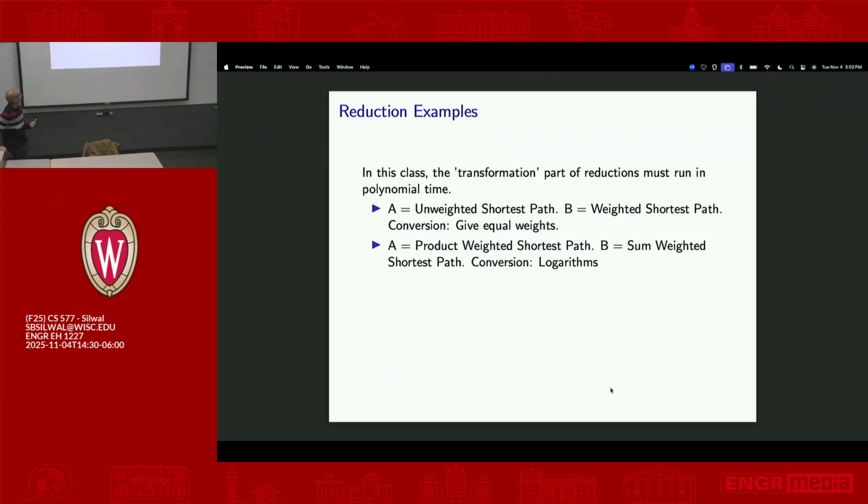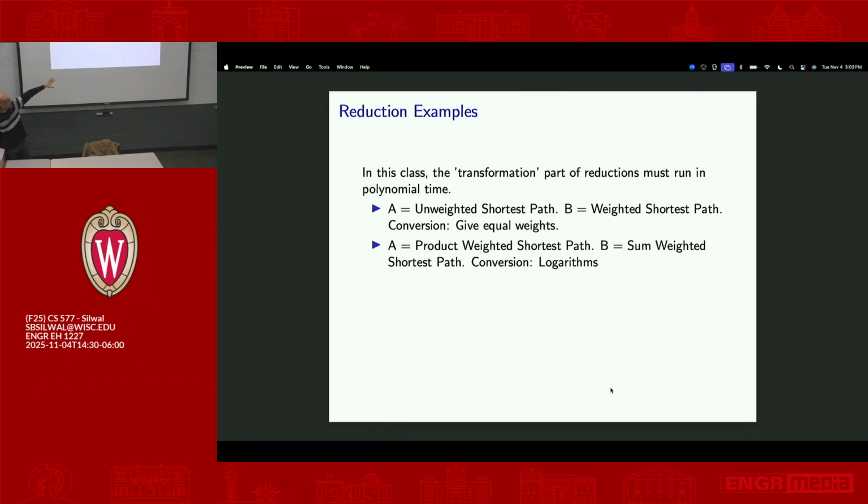All right? Another example: let's say problem A is, I give you a graph and two nodes, and I ask, does there exist a path where if I multiply the edge weights, it's at most some number? And I have another problem, which is, does there exist a path where the sum of the weights is at most that number?